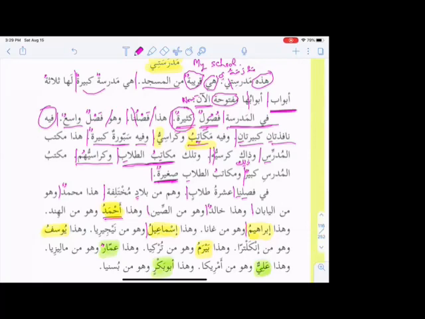When the shibu jumla jar majrur comes in the beginning, normally the subject should come in the beginning. But then we say jar majrur shibu jumla khabar muqaddam, came in advance. Okay? And then asharatu, there are 10 students.